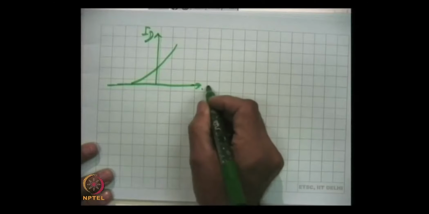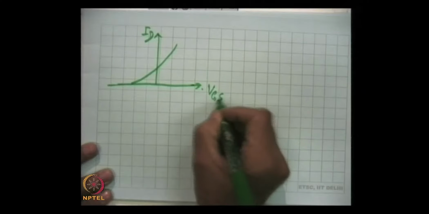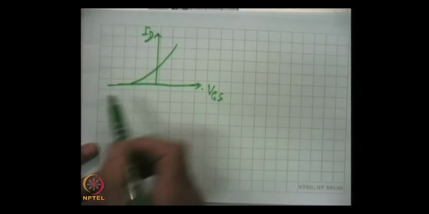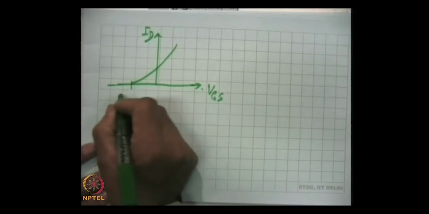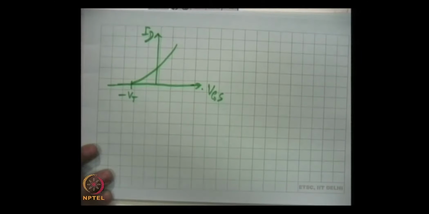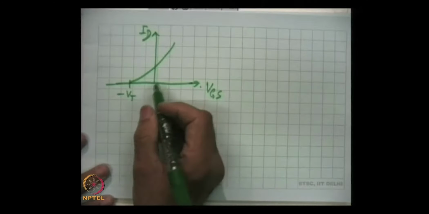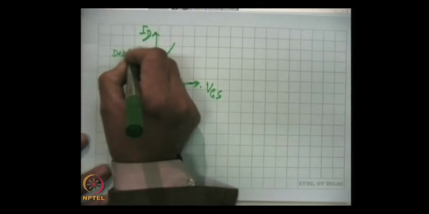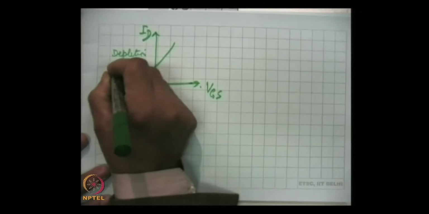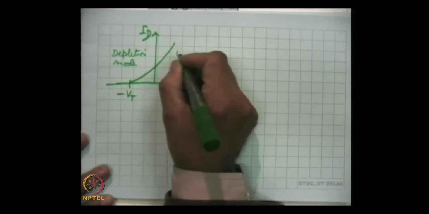This is ID and this is VGS, the gate source voltage, and this is the threshold voltage which puts ID equal to 0. This is for the depletion mode, and this part is for enhancement mode.